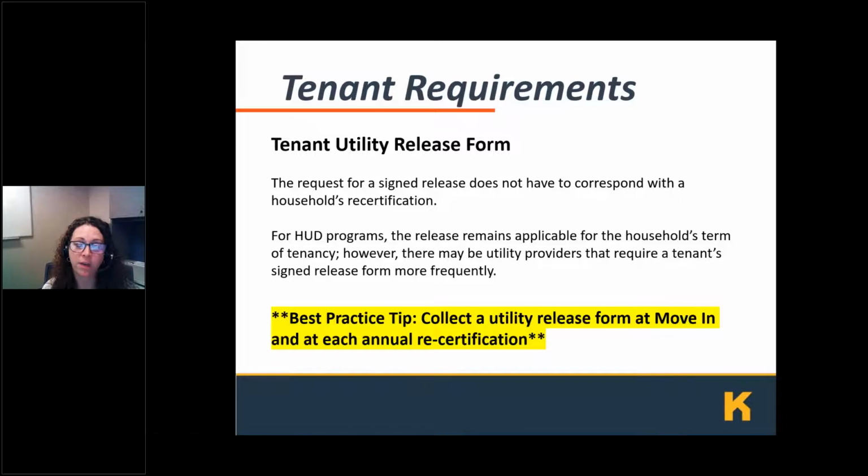One more document, throw that in there, talk to them about what it means, stick it in the file, and do that every year. And then when it's time to do your baseline, there won't be a question on whether or not you have an updated release, or even if you have a release. It will make the request to the utility provider much easier, and you'll be able to submit your information for the baseline a lot quicker.